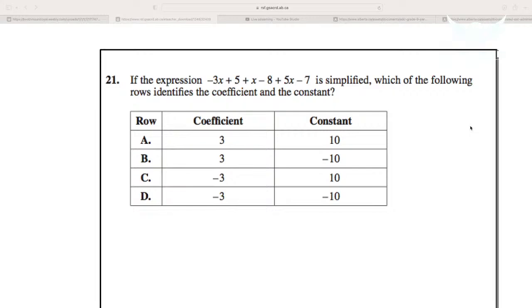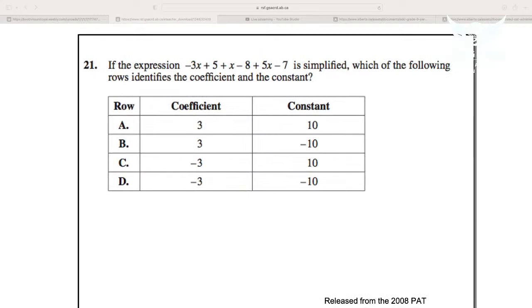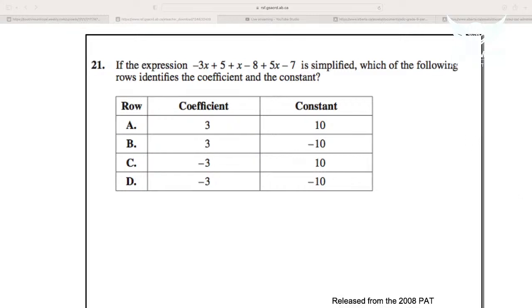And for constants, we have 5 minus 8 is minus 3, minus 3 minus 7 is minus 10. So the expression we have is 3x minus 10. So the correct answer is B. Right? So what is combining like terms?